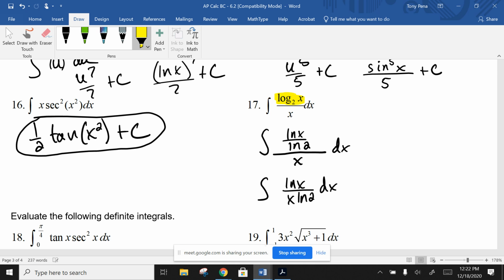To make this, again, something simpler and easier, understand the natural log of 2 is a number. You could throw that into the calculator. It's going to spit out a value. So because that is a number, it's a constant, we could pull this out. And I would recommend doing that. I'm going to pull that out. It's in a denominator, so when I pull it out, make sure it remains in a denominator. So that constant we're going to remove.